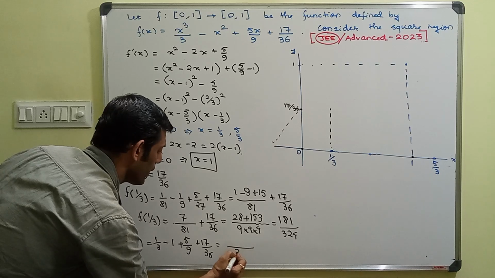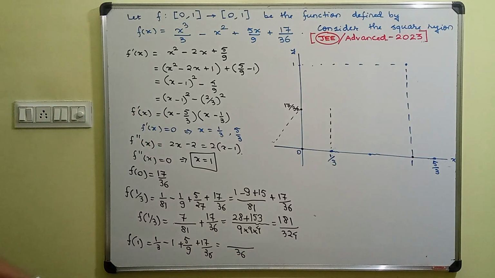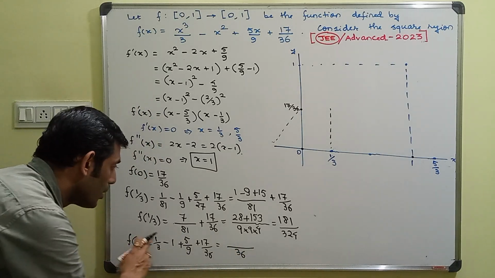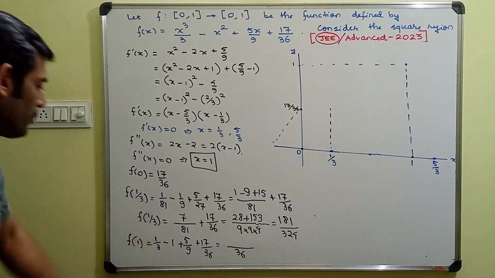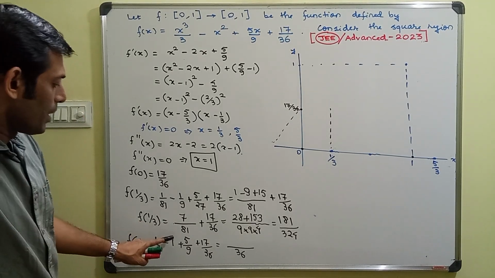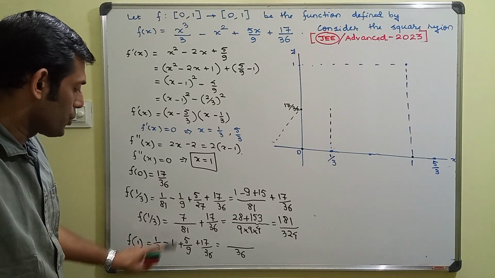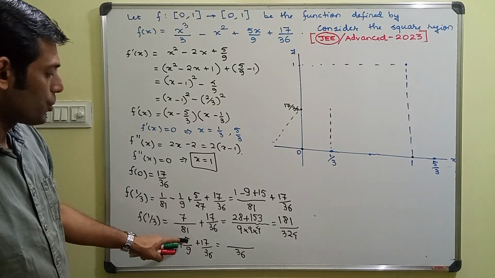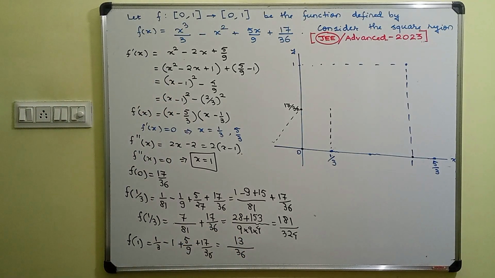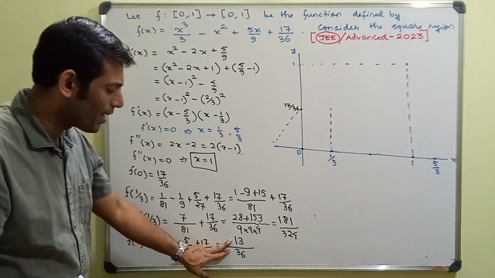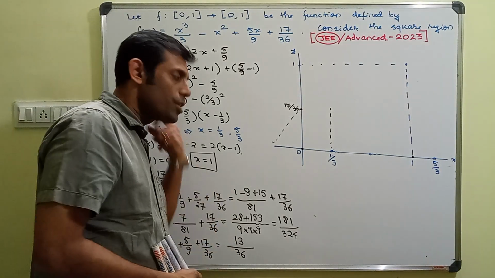So effectively, if I take the total common denominator as 36, this is 12 minus 36 plus 20 plus 17, which is going to be 13. So it's going to be 13 by 36. Your f of 1 value is going to be 13 by 36. That means this is far less than 0.5. 18 by 36 is 0.5.